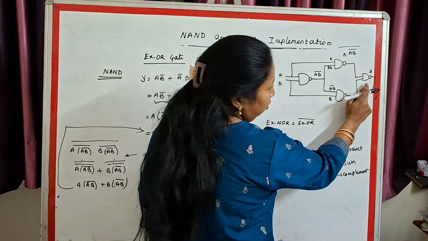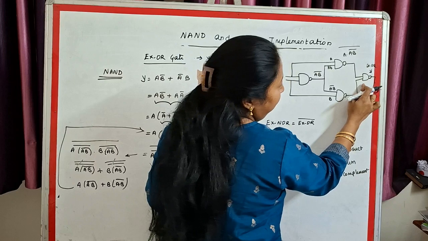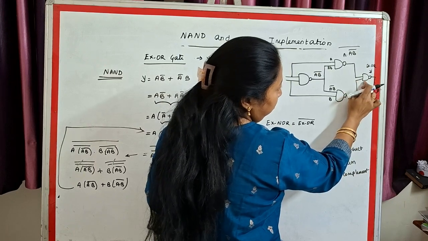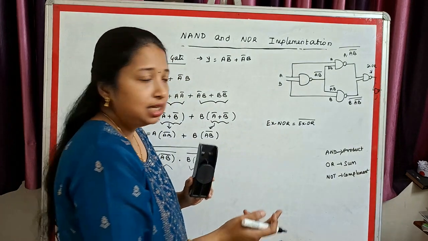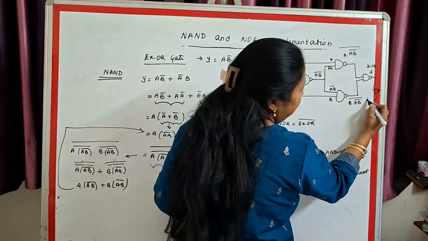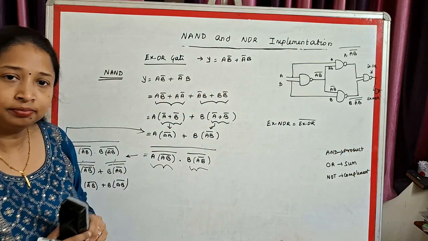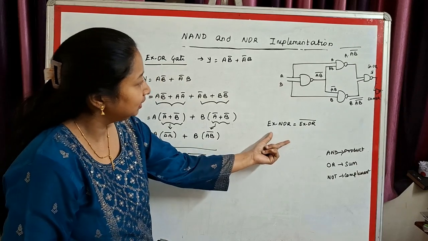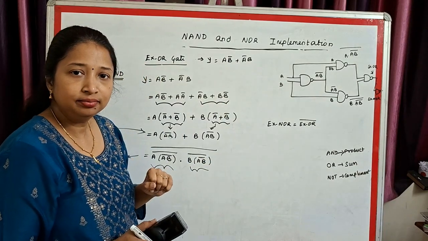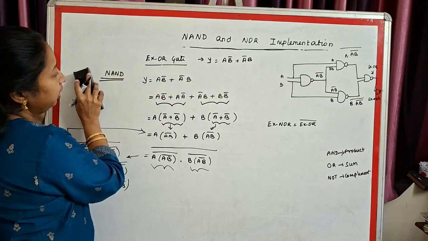Till here it is XOR. If I take the output of this XOR gate and feed it inside another NAND gate, then this becomes my XNOR. Clear? This is how you will be replacing XOR gate and XNOR gate using NAND gate. Fine. Now let's see how to replace XOR gate using NOR gate.